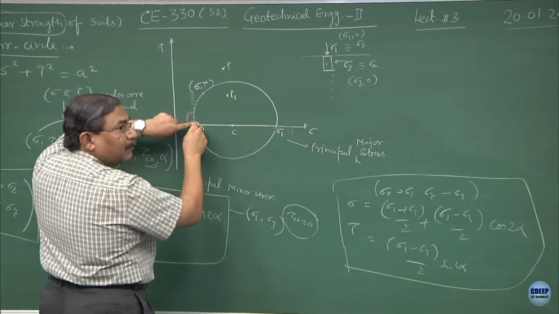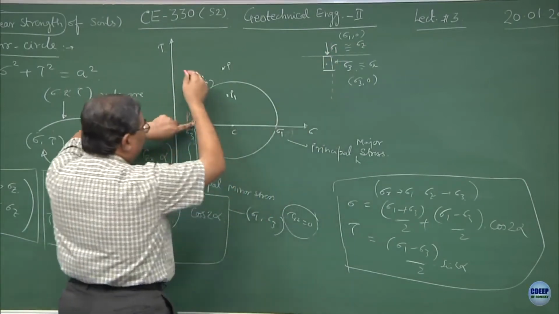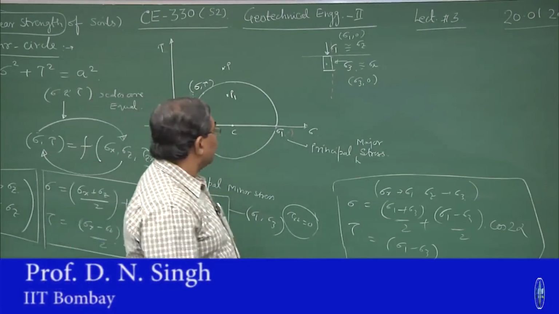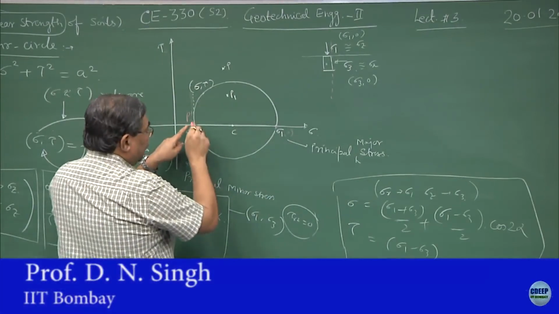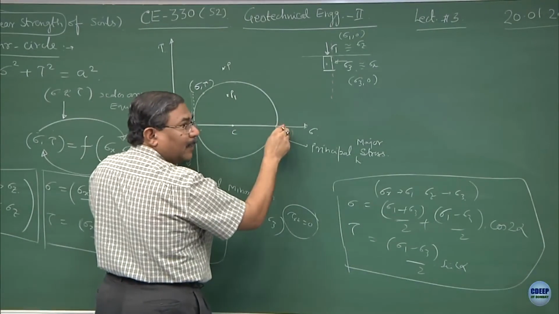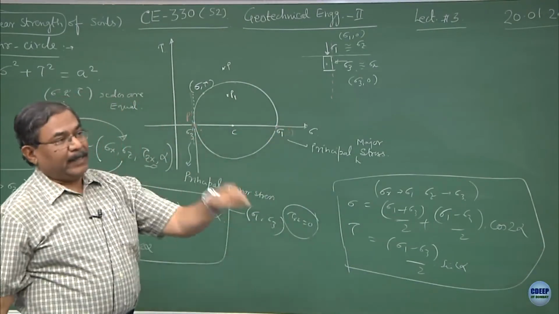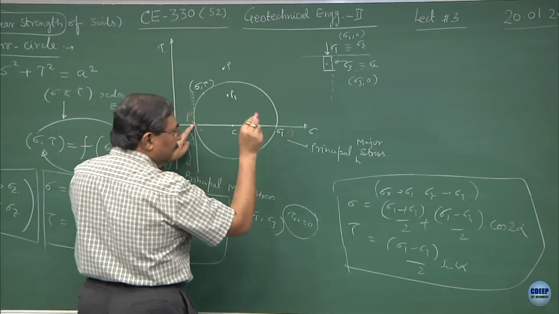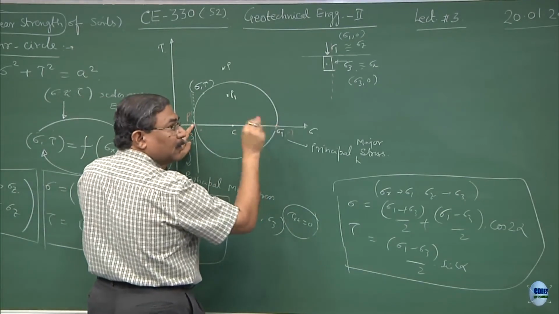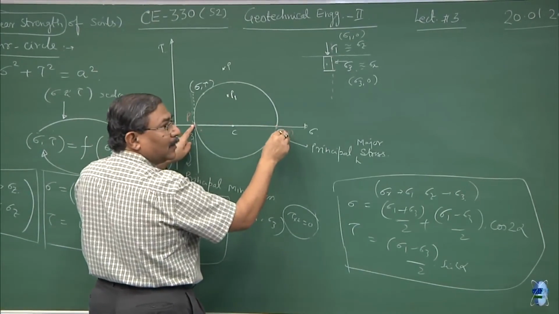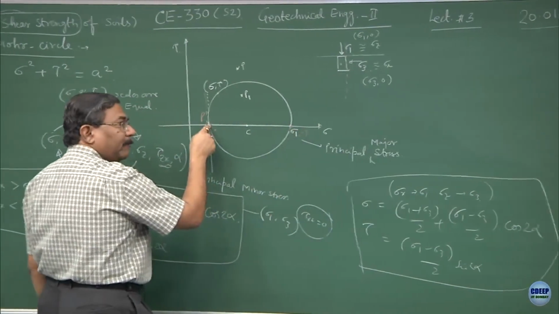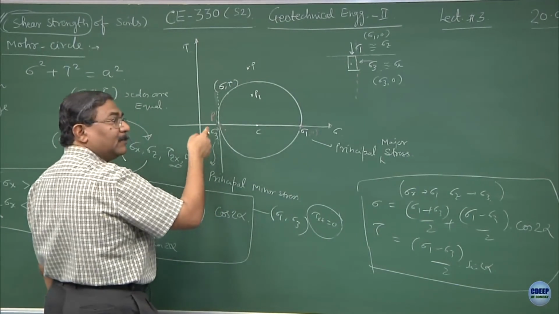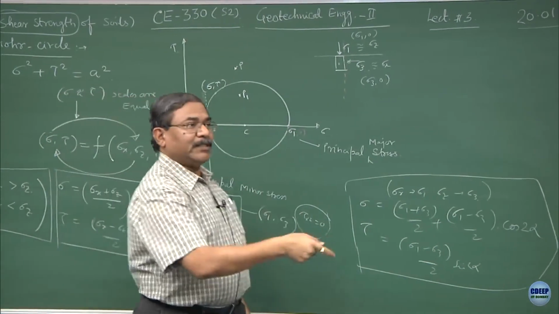The state of stress here is sigma 3 0 acting on a vertical plane, draw a vertical plane, it cuts at this point, this becomes the pole, the reverse process. If I draw a line passing through the pole, wherever it cuts the circle, it gives the state of stress on that plane. So, starting from the pole, if I draw a horizontal plane, it cuts over here, the state of stress on this plane is going to be sigma 1 0. Starting from this point, if I draw a vertical plane, it cuts at this point itself, and hence it gives the sigma 3 0 state of stress.